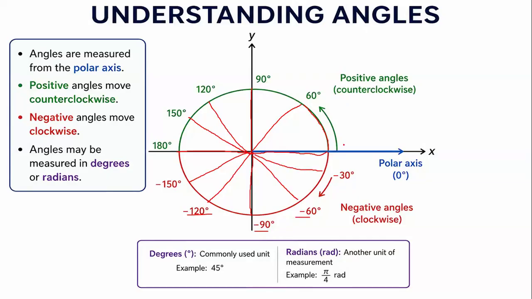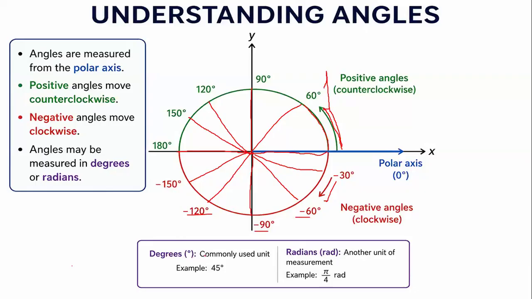As you can see, as we go in this direction, counterclockwise, we have positive angles. If we come in this direction, which is clockwise, we end up with negative angles.